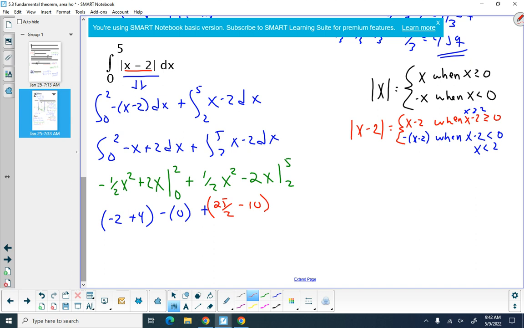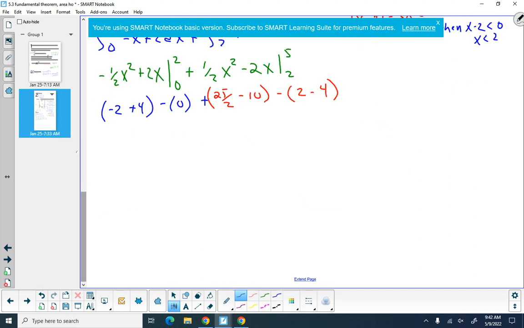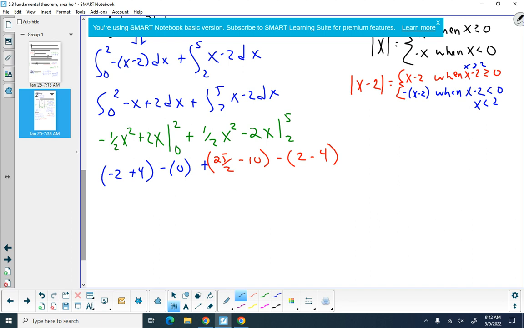Then evaluating at 2, we have 1/2 times 2 squared, which is 2, minus the value of 4. Once again, watch your negative signs as you go through this. So we have 2 here minus 0.